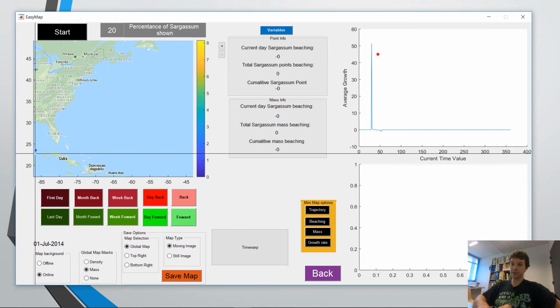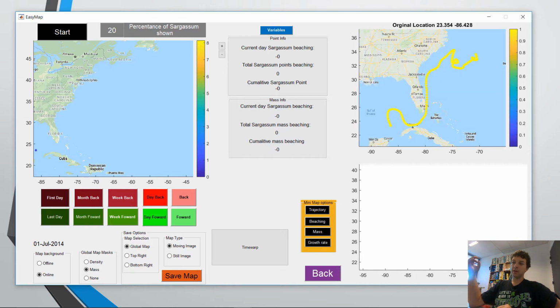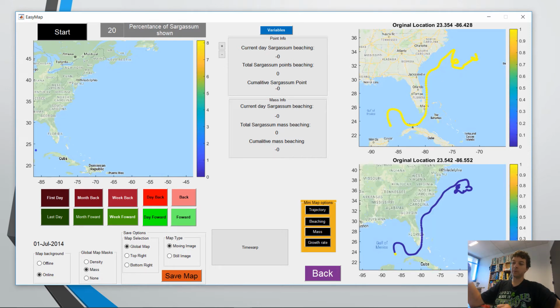The trajectory, you can click on any two requested points and the software will plot the points with the mass.